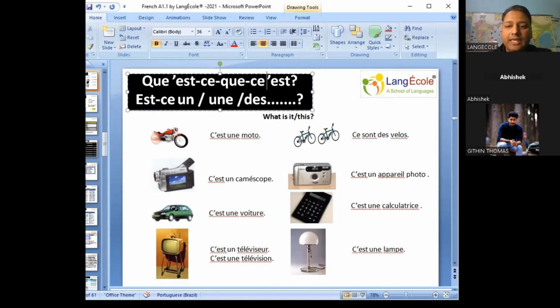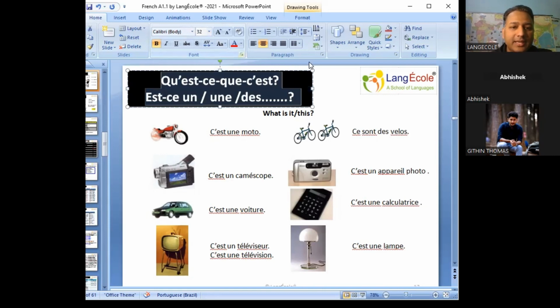But two E's cannot be together, so the first is removed and then there is an apostrophe here. Similarly, this is happening here also. And the pronunciation becomes qu'est-ce que c'est.